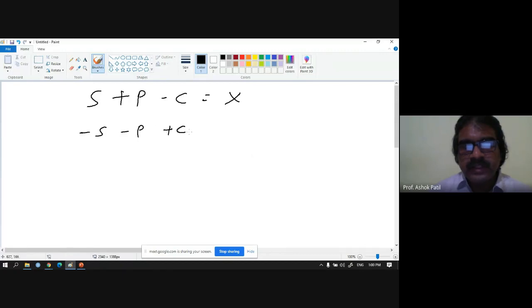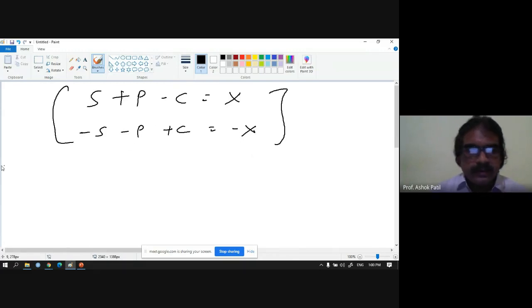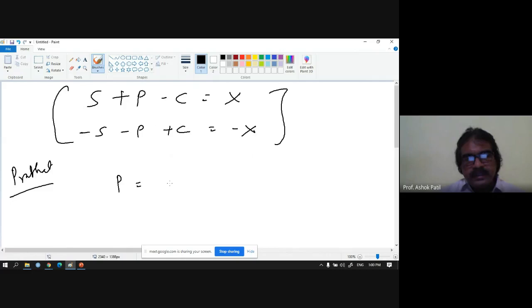Now what I am asking Prabhat to do is this: P is equal to X minus S plus C, which comes from this equation. So P is equal to X minus S plus C.